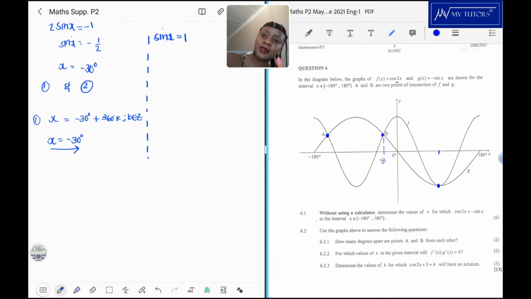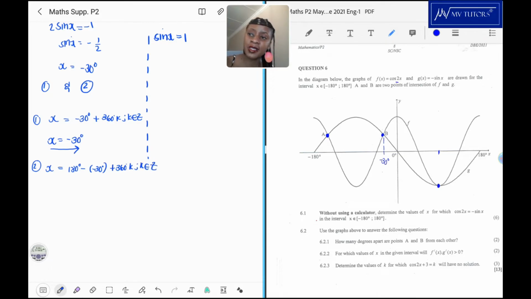So I can see that's where B is, negative 30. Now if I look at the second quadrant, I know that x is equal to 180 minus 30, plus 360 times k, where k is an element of integers.